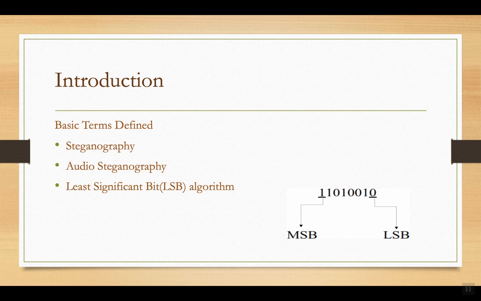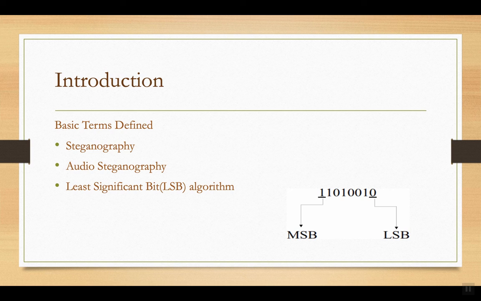The type in which we are interested is audio steganography. Audio steganography, as the name suggests, is hiding of data in audio, as the human auditory system is insensitive to small distortions within audio signals.